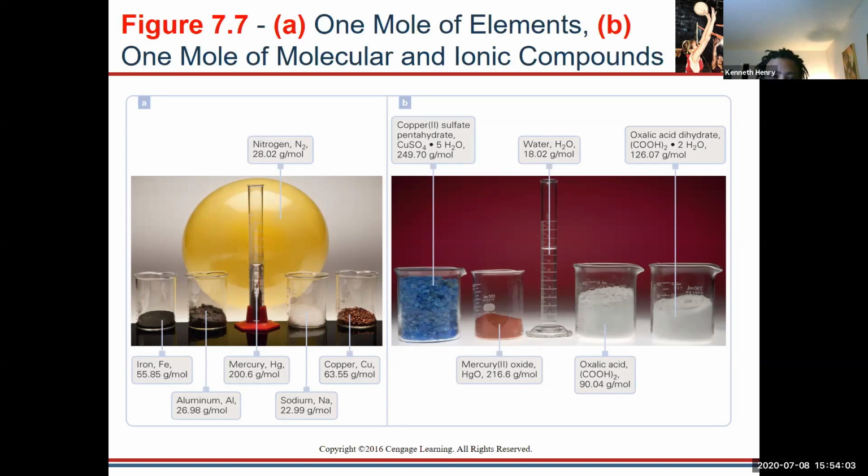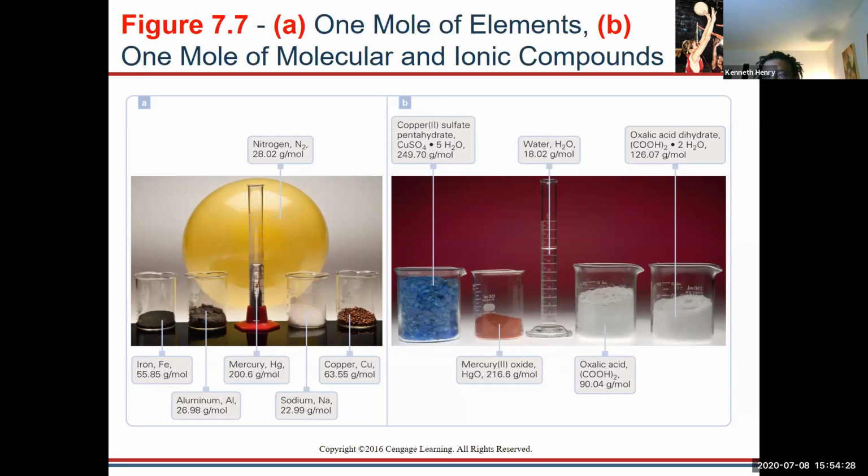They all look like they're different quantities, but they have exactly the same number of molecules. How many molecules or atoms are in 1 mole? 6.02 times 10 to the 23rd. That is correct.